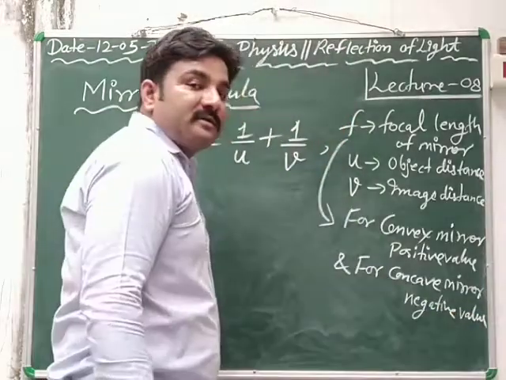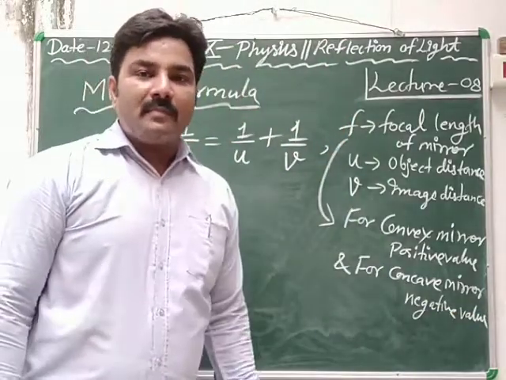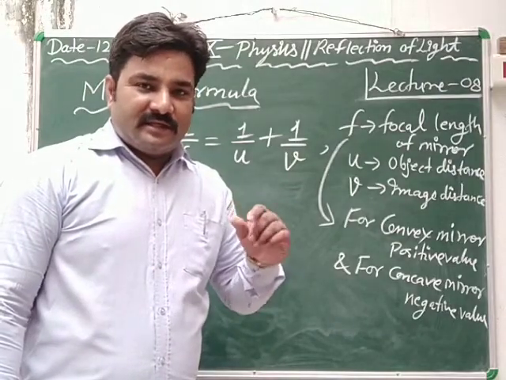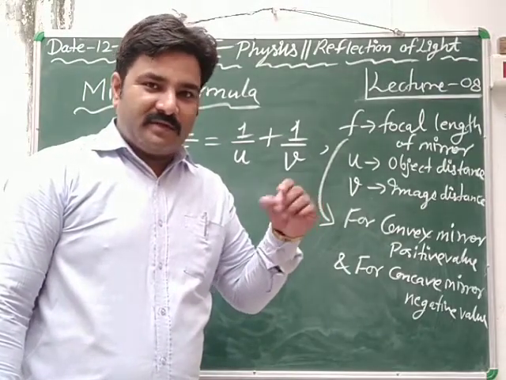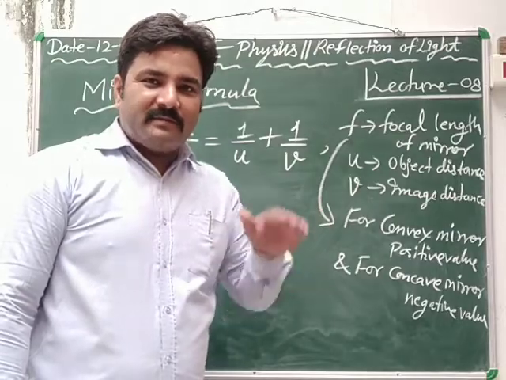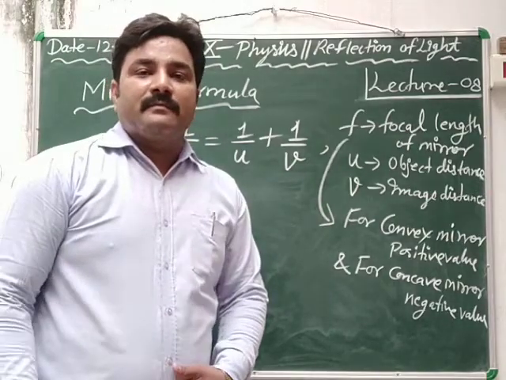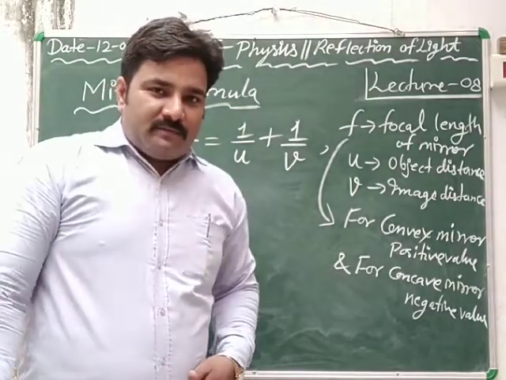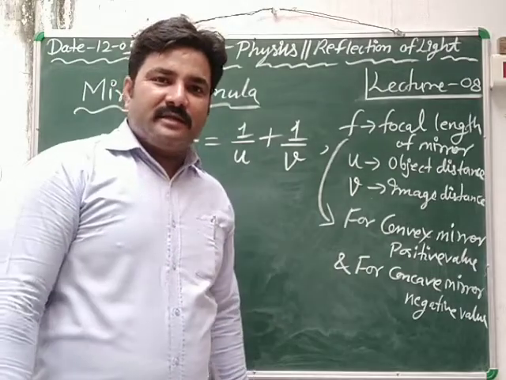Two things are also important for solving numericals: distance, that is first what, measured from the pole, and height above the principal axis, that is what? Positive value, and height below the principal axis negative value.